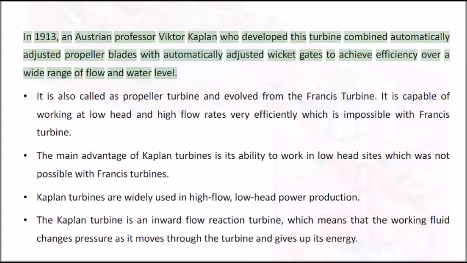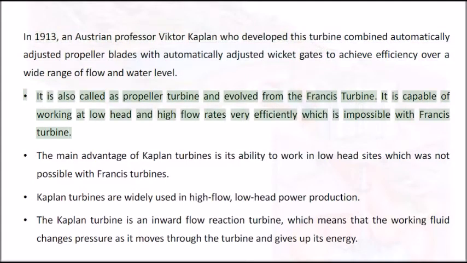In 1913, an Austrian professor, Victor Kaplan, developed this turbine, combining automatically adjusted propeller blades with automatically adjusted wicket gates to achieve efficiency over a wide range of flow and water level. It is also called a propeller turbine and evolved from the Francis turbine.